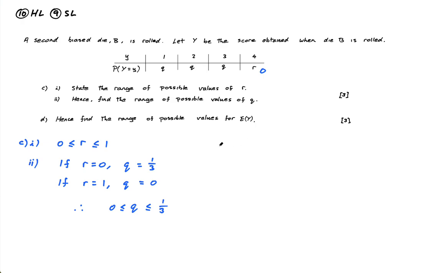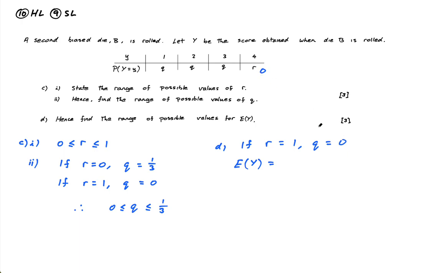Okay, part D. Hence, find the range of possible values of the expected value of Y. Okay, so again, let's go back to this. If R equals 1, Q equals 0, the expected value of Y is then this times this plus this times this plus this times this plus this times this.